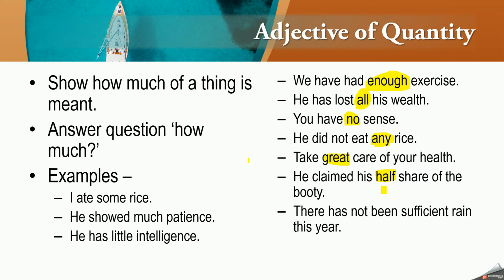So he claimed his half share of the booty. There has not been sufficient rain this year. So all these highlighted words answer the question how much. So these are what? These are adjectives of quantity.